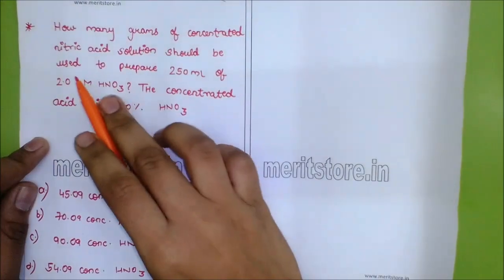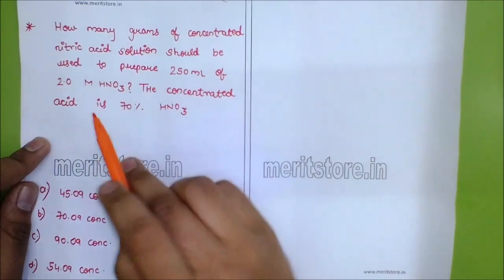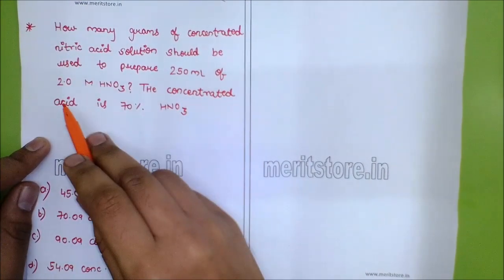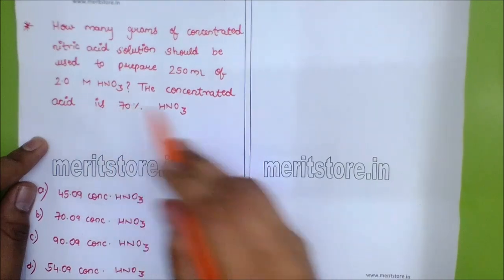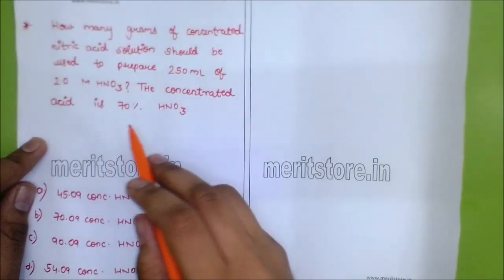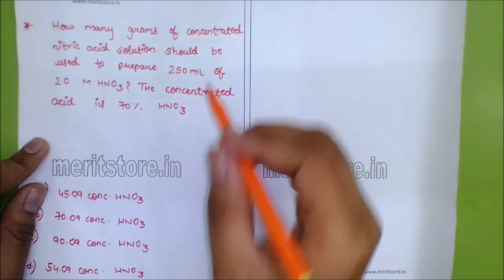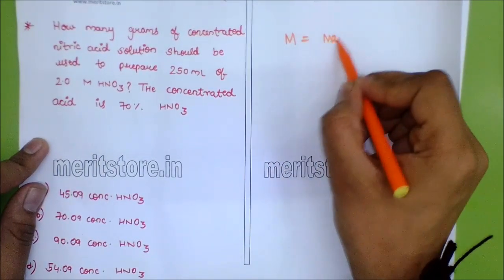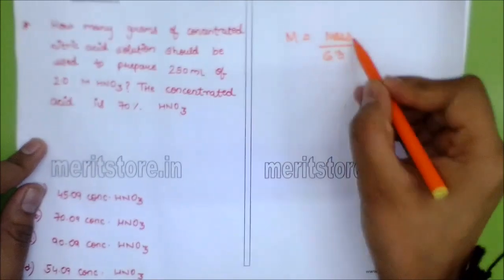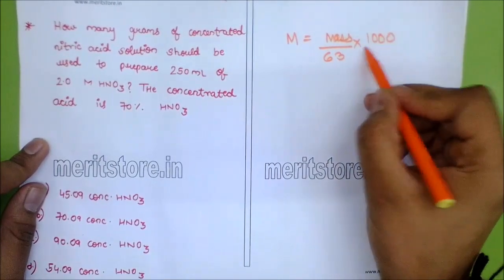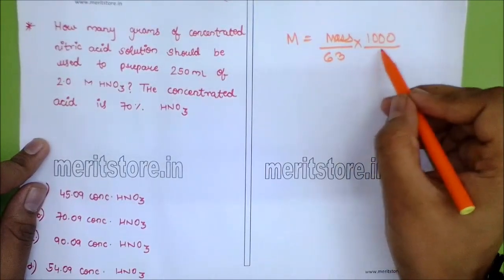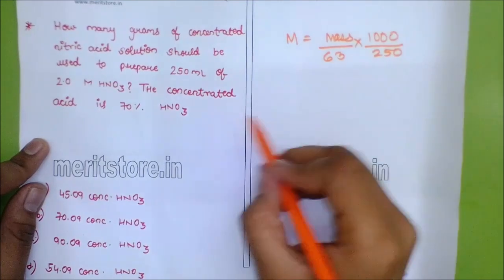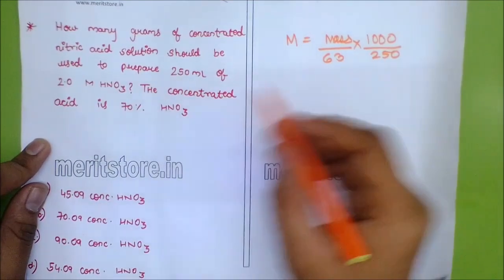How many grams of concentrated nitric acid solution should be used to prepare 250 ml of 2 molar HNO3? The concentrated acid is 70% HNO3. So now we know molarity, the formula is mass upon 63 into 1000 upon 250, with all the values which they have given.